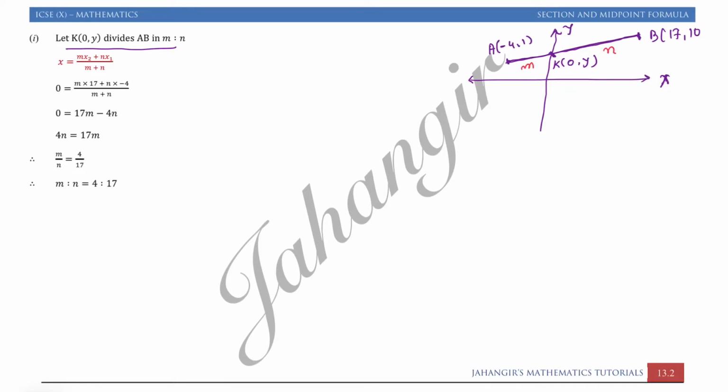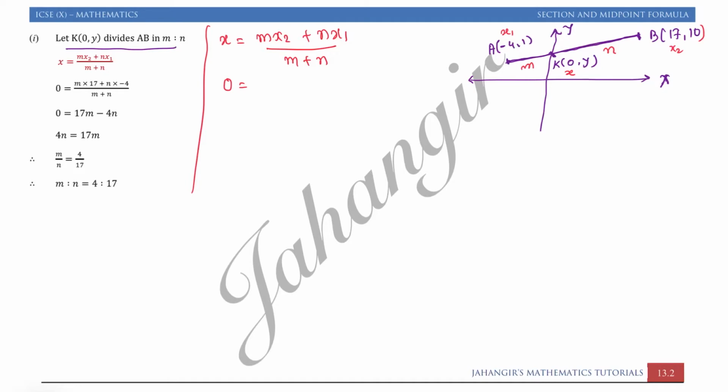So my m is this, n is this. So we can write the section formula since we know the x coordinate. This is x, x1, x2. So I can write the section formula: x is equal to mx2 plus nx1 upon m plus n. So x is 0.